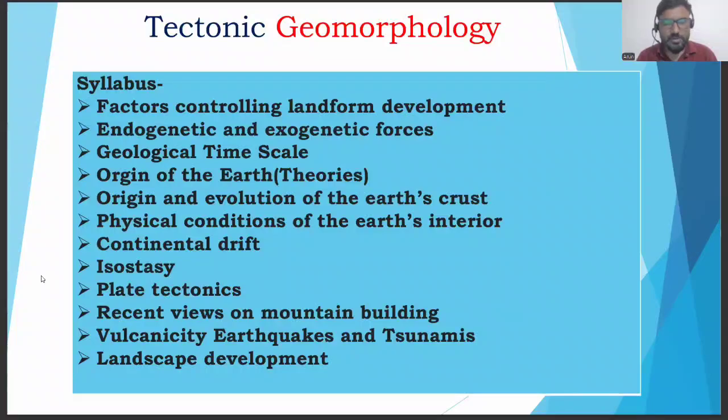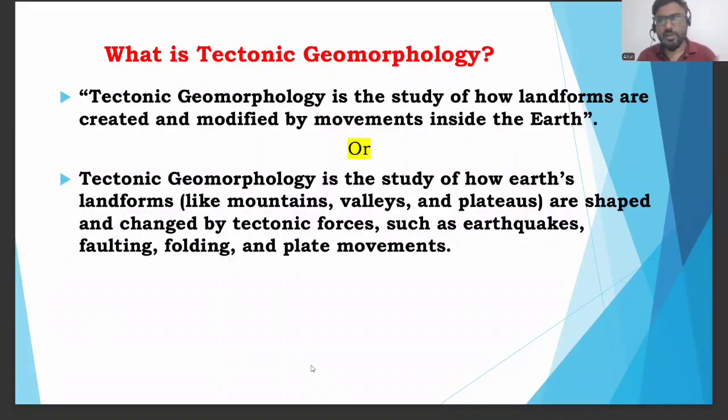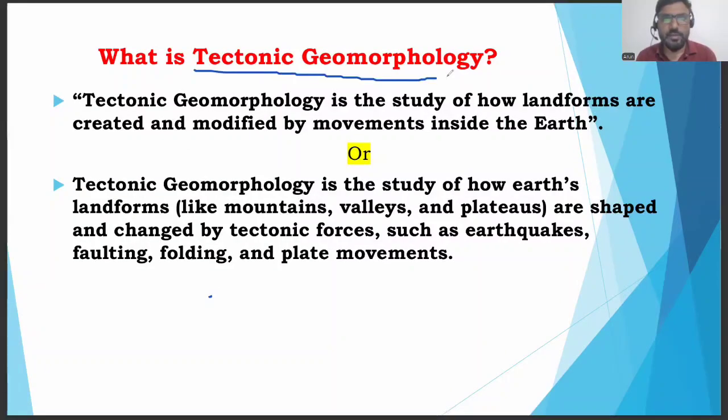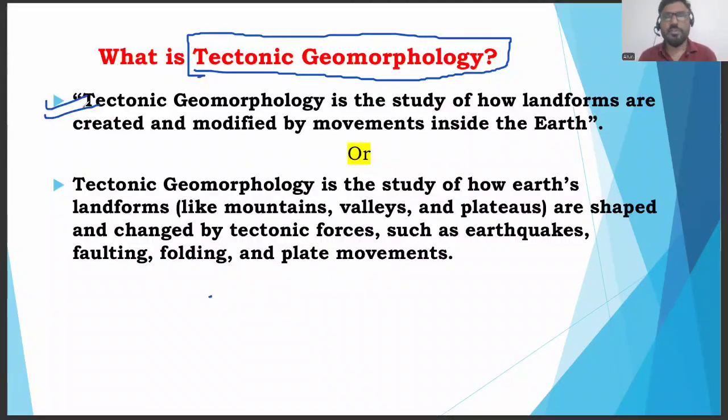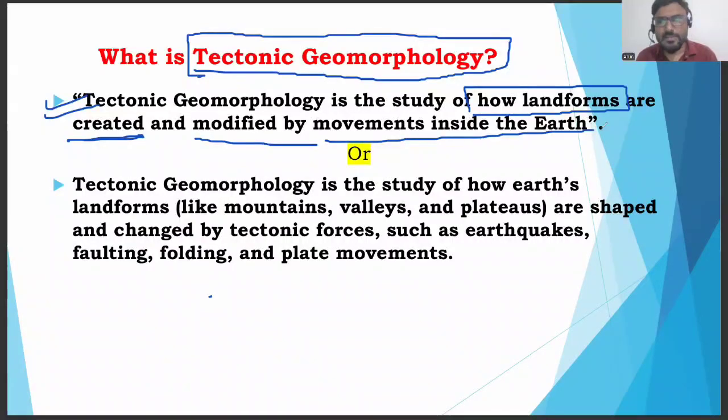The first point we'll be discussing is the concept of tectonic geomorphology. So friends, what is the definition of tectonic geomorphology? What is the meaning of this word? The definition is that it is the study of how landforms are created and modified by movements inside the earth.